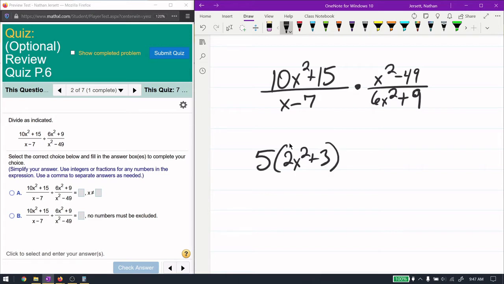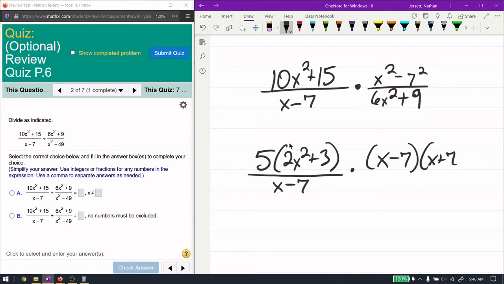This is prime. You could try using the AC method, but you're going to see that this is prime. Nothing will get us what we want. This is a difference of two squares. This is the same thing as 7 squared. And so this one factors down into x minus 7, x plus 7.